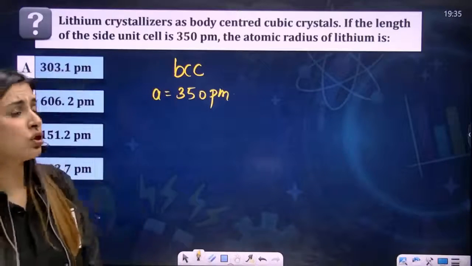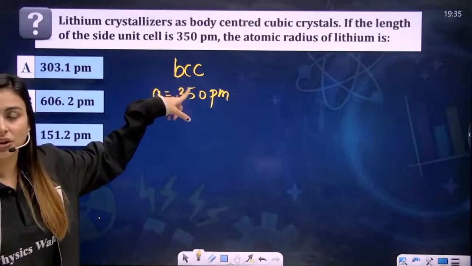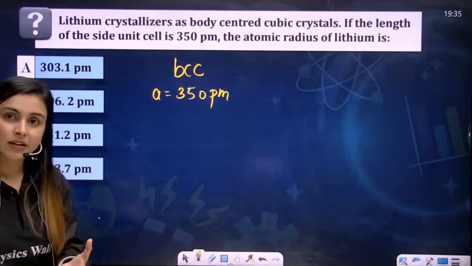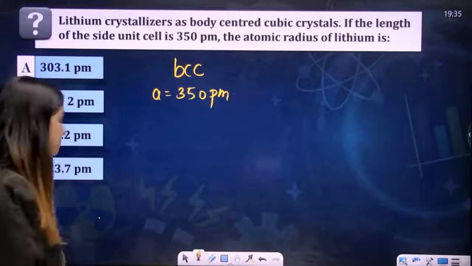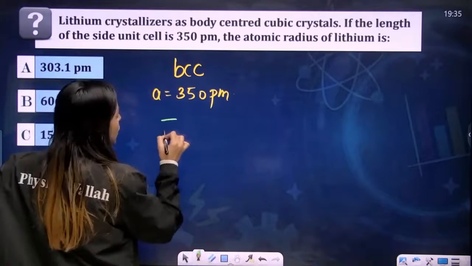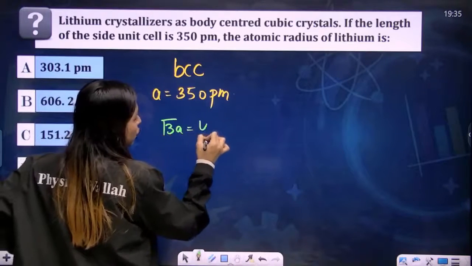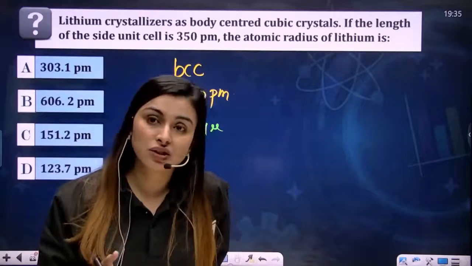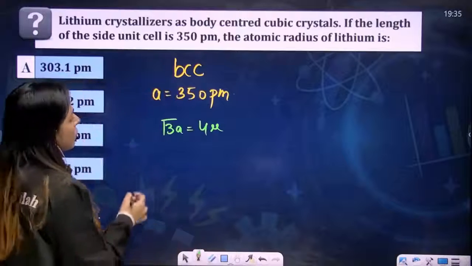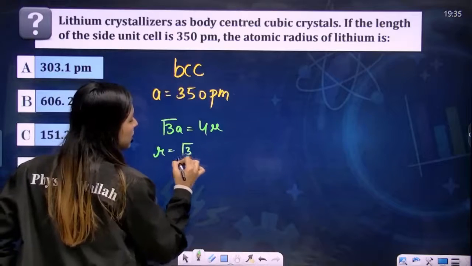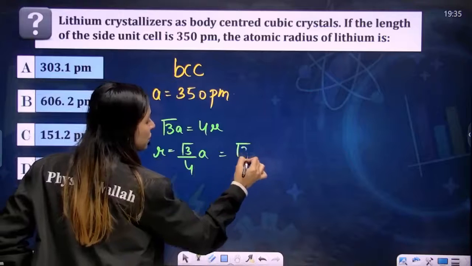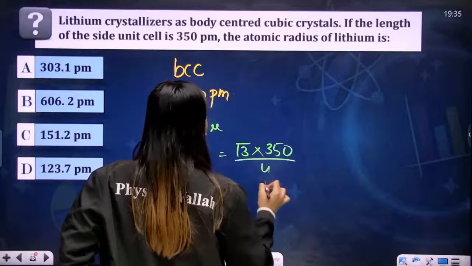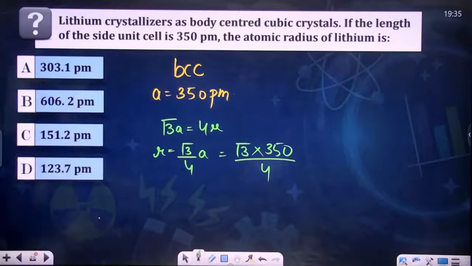Since it is a BCC structure, the atoms will come in contact along the body diagonal, and the relation would be root 3 a is equal to 4r. You have to remember this relation because questions are asked from these relations only. And you have to calculate the radius. So r will be equal to root 3 by 4 a, which is root 3 into 350 upon 4. So you only have to solve this part and you will get your answer.